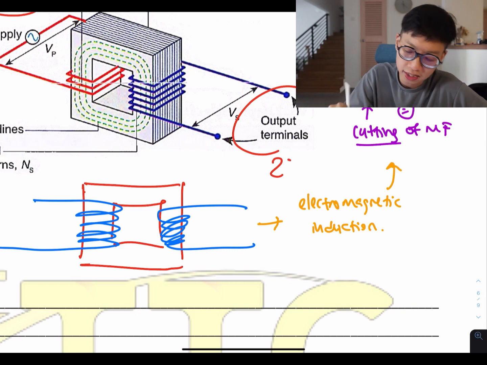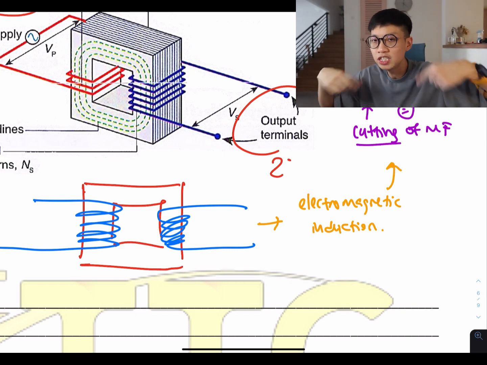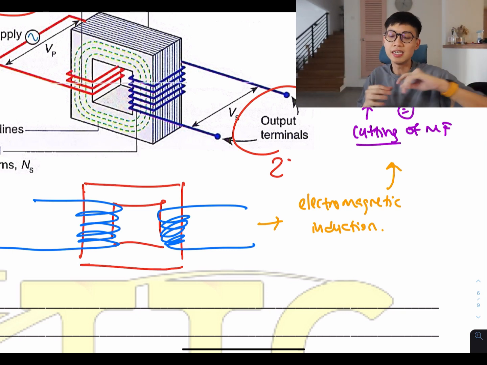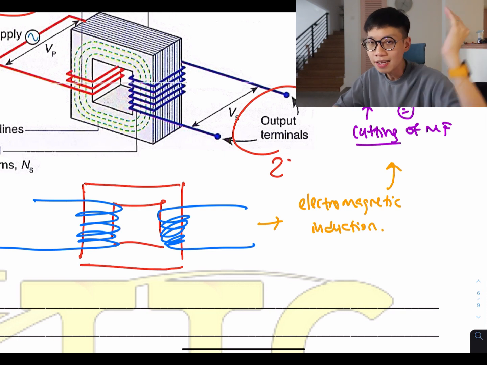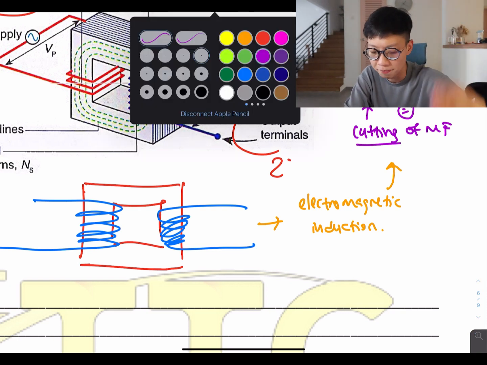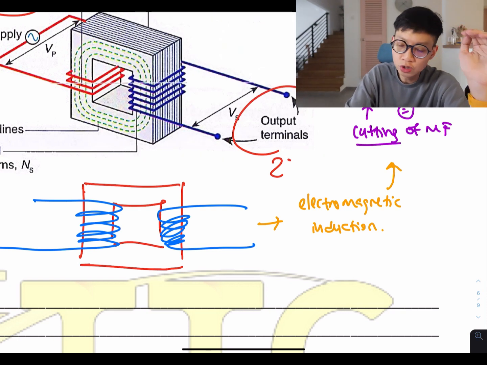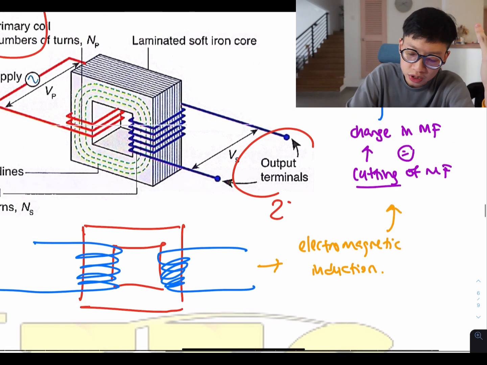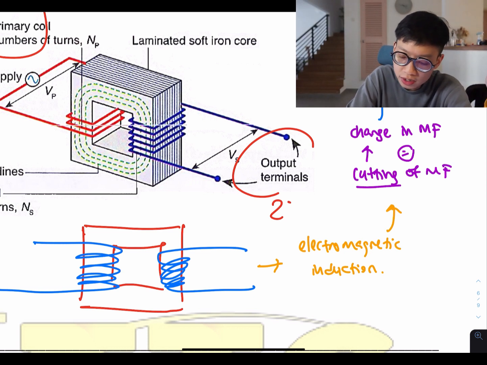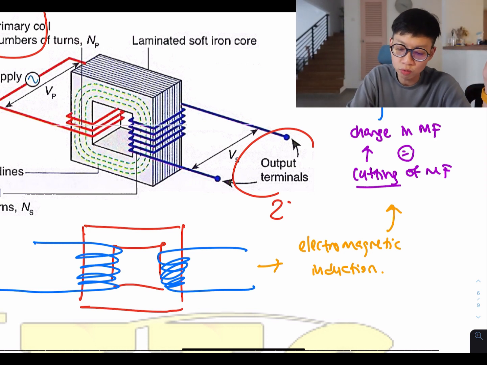It's the same meaning, guys. Cutting of magnetic flux and change in magnetic flux is the same thing. It means that when you cut the magnetic flux, you will produce electricity, which we call induced EMF, which is voltage.